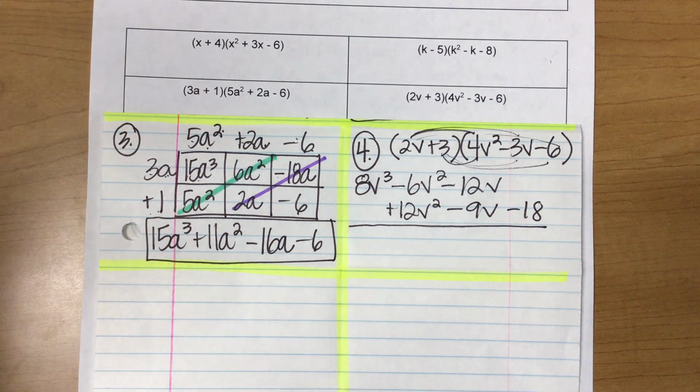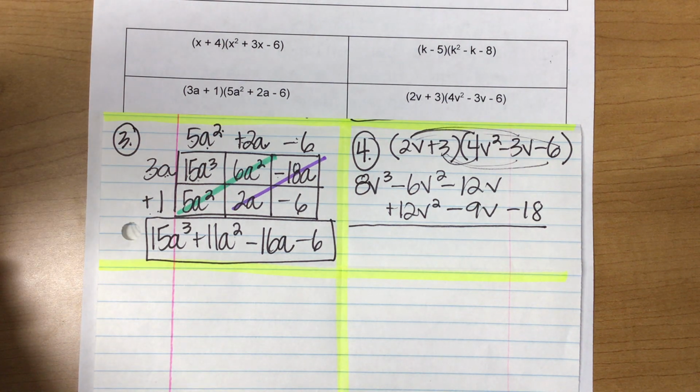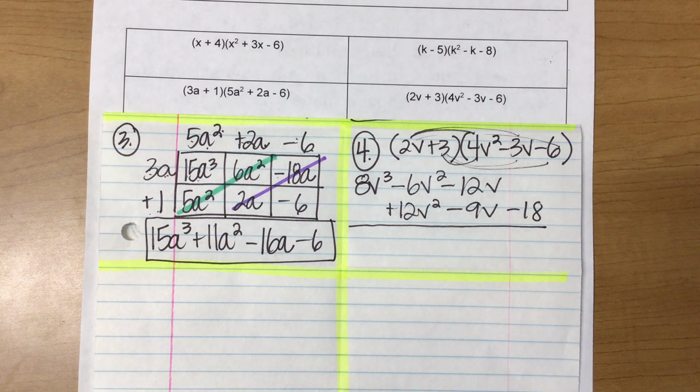The numbers you should have gotten are on the board. Yours may look different. It may be in a different order. But those are the 6 terms you should have gotten when you multiplied. Because you did a binomial times a trinomial, right? 2 times 3, you're going to have 6 terms.